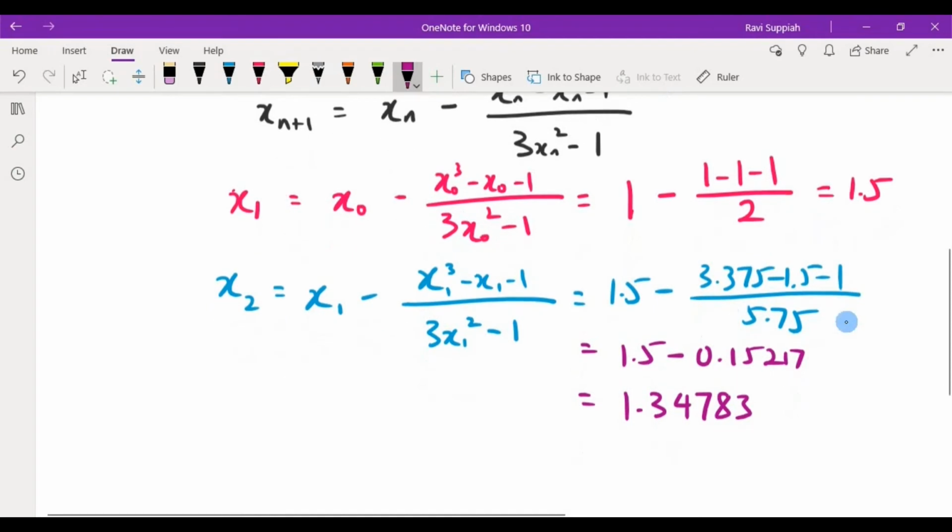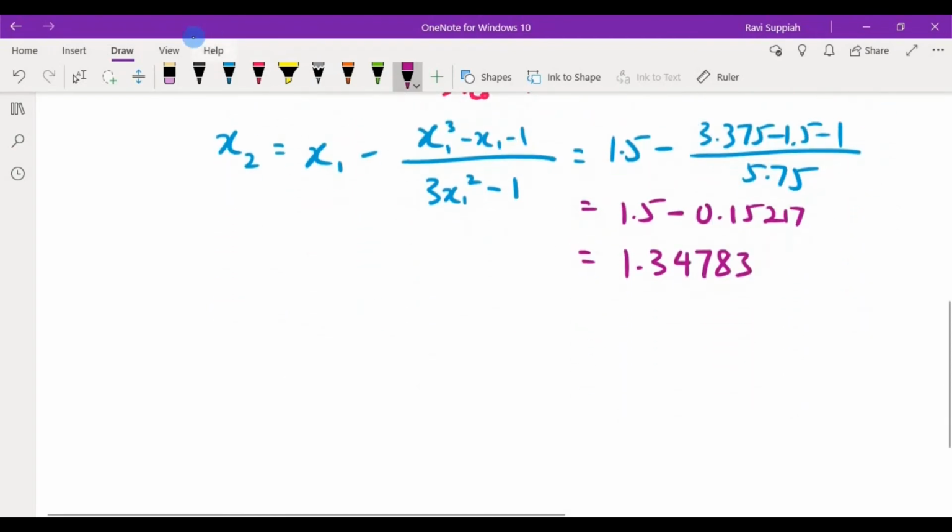So we are moving closer to the value, but we still need to keep on doing this until the difference between the new x value and the previous x value is very minimal, or they are the same.